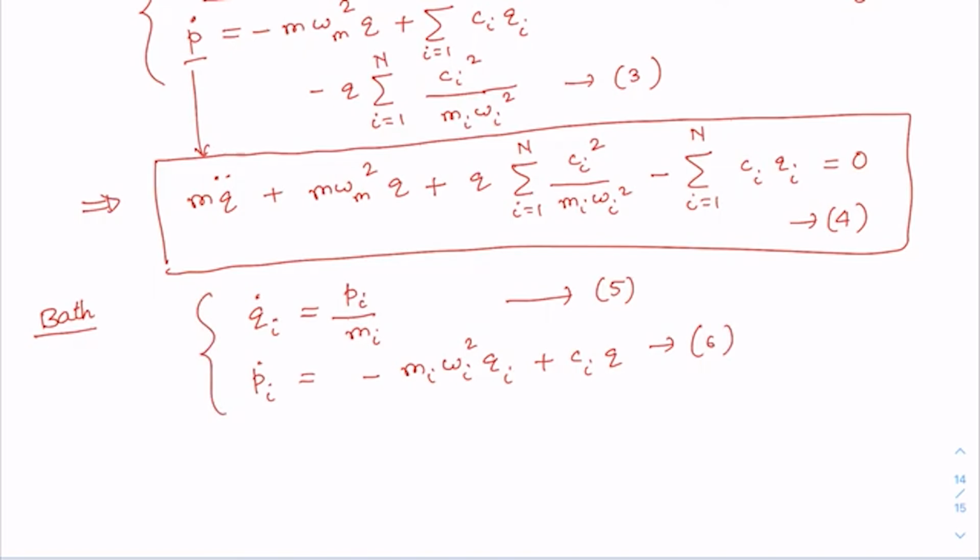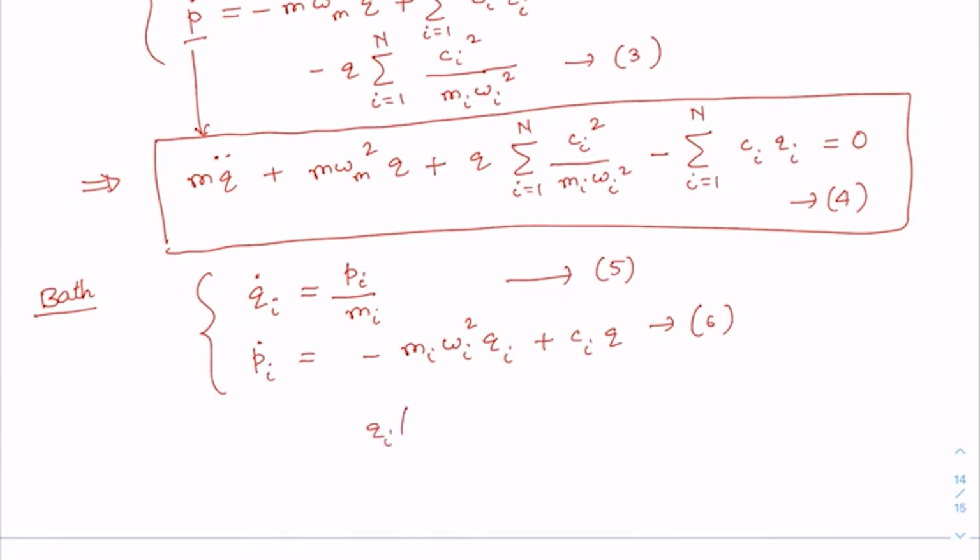Now these bath equations can be easily solved in terms of the initial bath variables, say qi of 0 and pi of 0, the initial position and momentum. Let us say at time t is equal to 0 we have qi 0, and at time t is equal to 0 we have momentum pi 0.